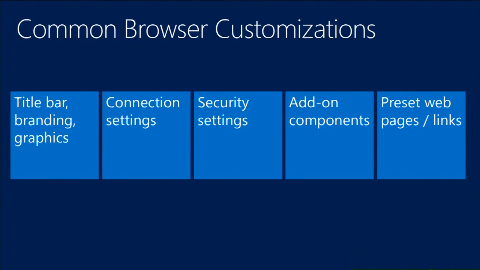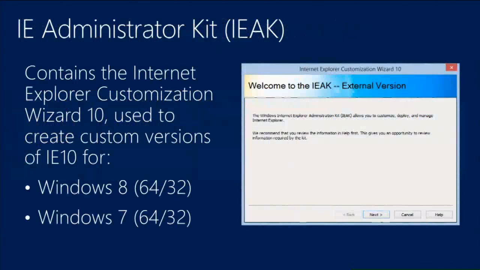So this may be one way of helping to create connection settings or create other things for unmanaged devices and be able to more easily deploy those out as well. The Internet Explorer Administration Kit is a very easy wizard-based way of creating a package that you can then deploy to those managed or unmanaged devices.